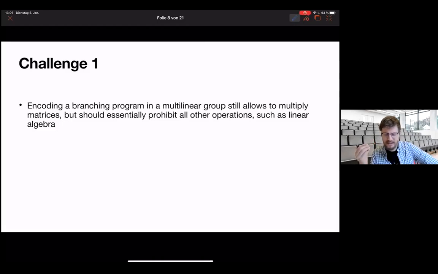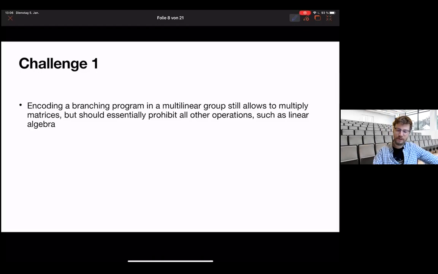However, giving this a moment's thought, if we encode it in the multilinear group, it will still allow us to multiply matrices. So we will still preserve correctness, but it should prohibit all other operations on these matrices, in particular linear algebra, right?